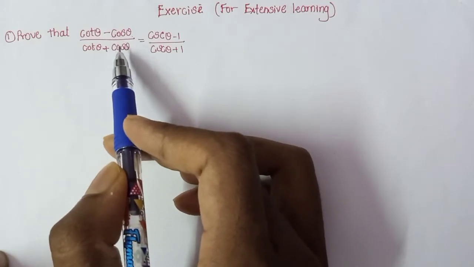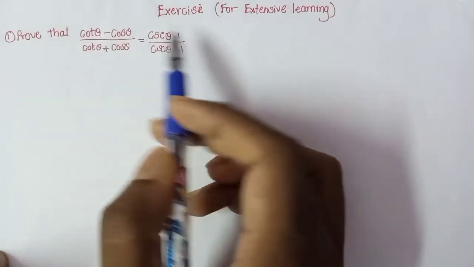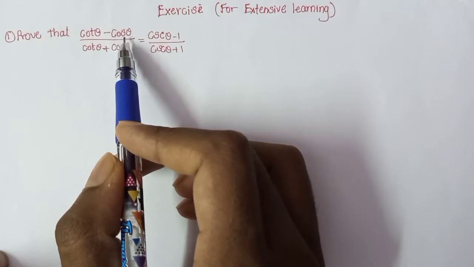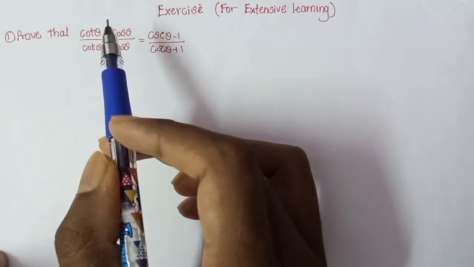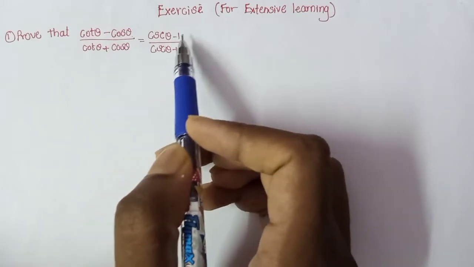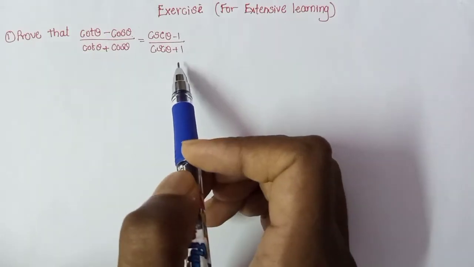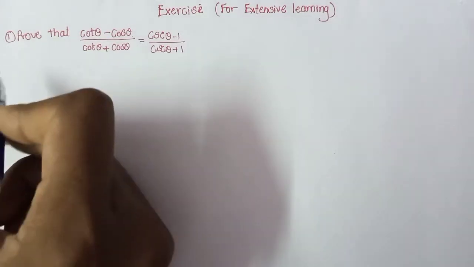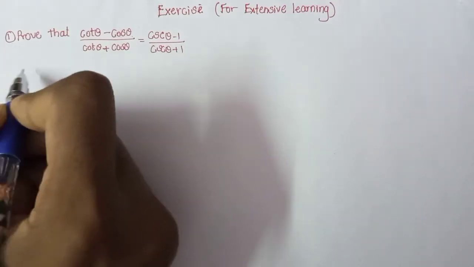So it doesn't affect the equation. If you divide by cos theta in the numerator and denominator, you will get 1 here and also here. So let us start our problem.